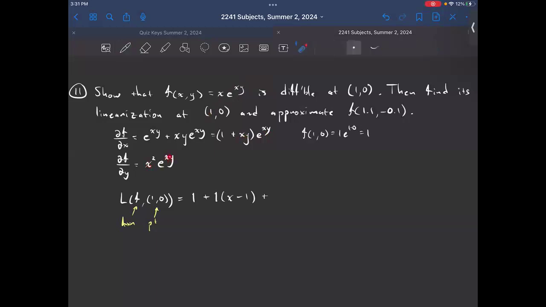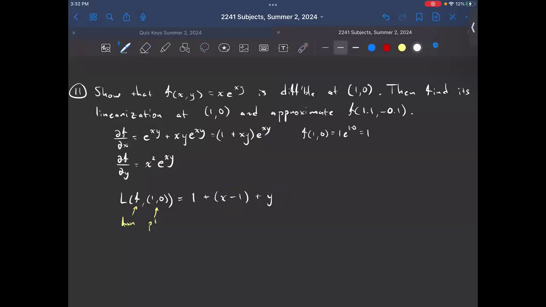Put a 1 in here, 0 in here, again, we get 1. So all of these derivatives ended up being very nice. And then we have y minus 0 here. All right, so now we clean things up by just erasing those 1s, and we've got the equation of our linearization.